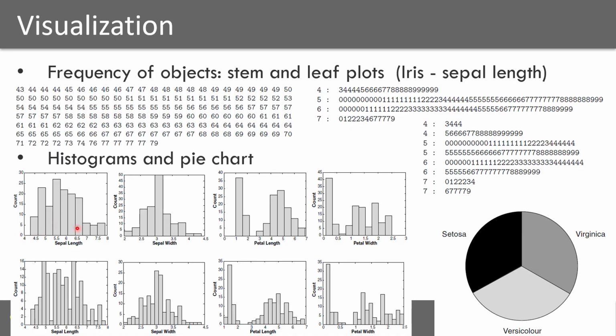So here we have again these categories for the sepal length, the same as what we had in this case, and we can see the distribution, and we see that for 5.5, for some reason, we have the highest amount of entries.